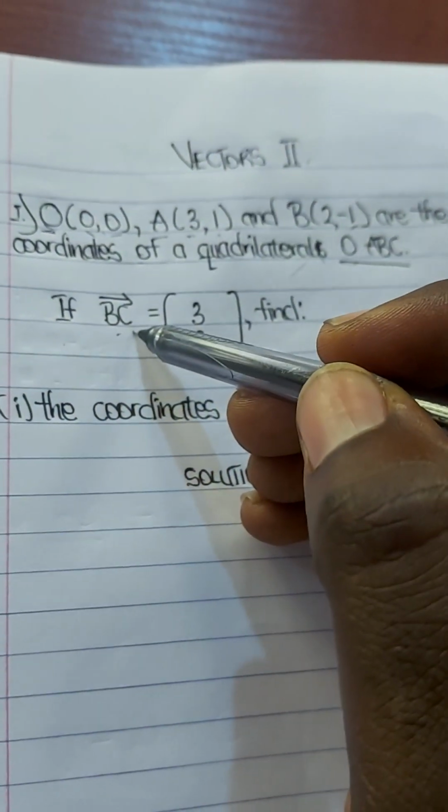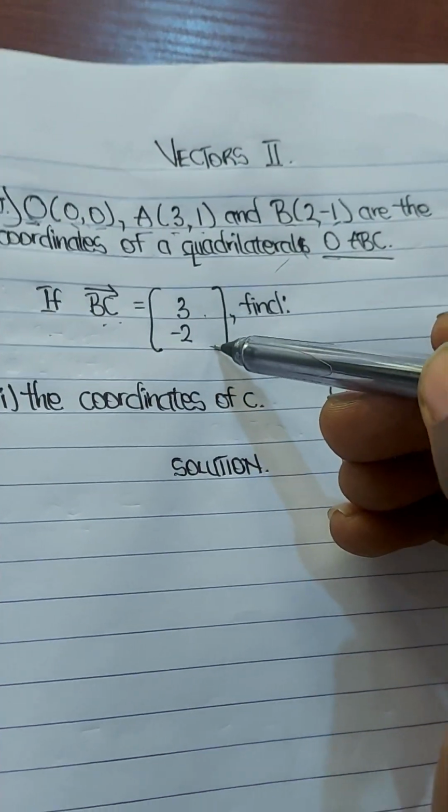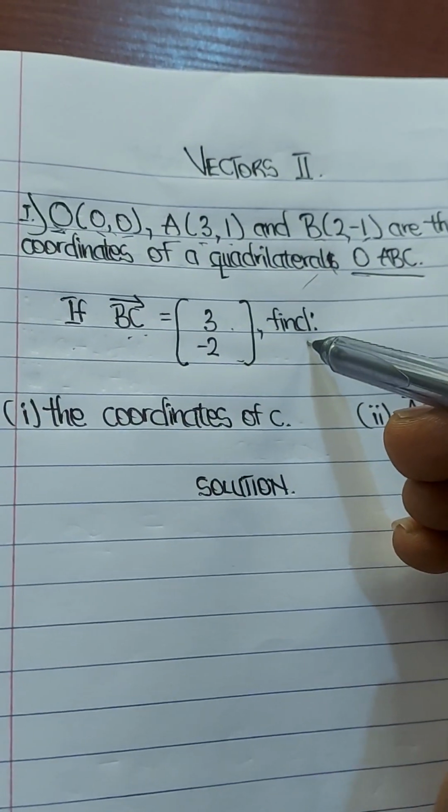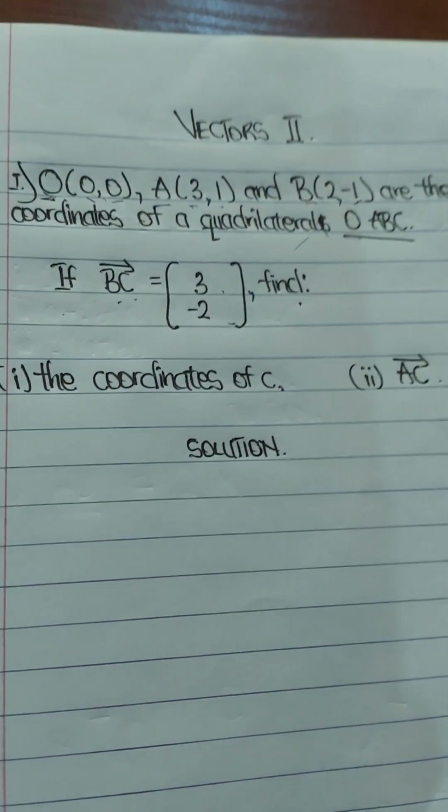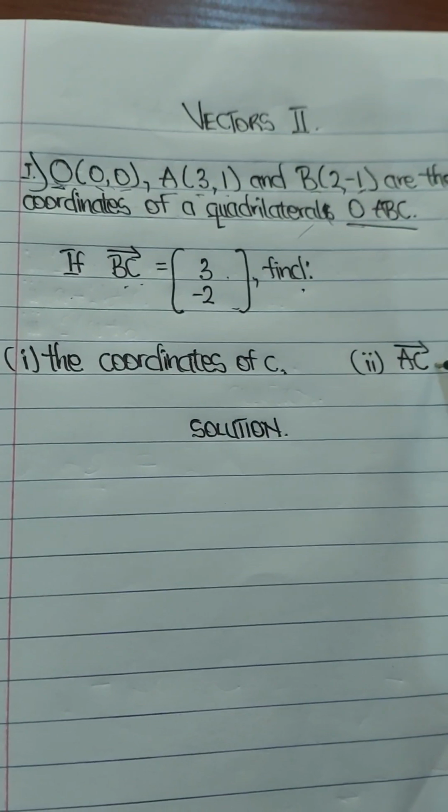If vector BC is equal to (3, -2), find I, the coordinates of C, II, vector AC.